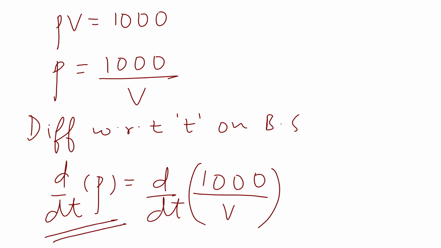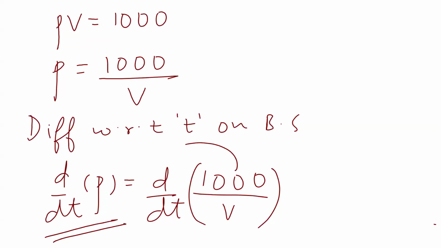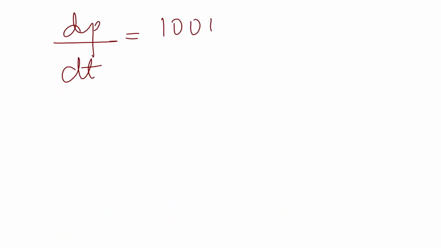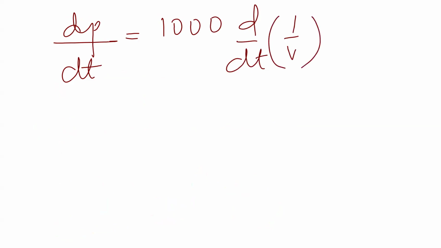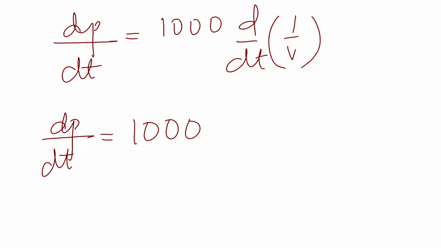So d by dt of P is nothing but dP by dt. Here 1000, being a constant, goes outside: 1000 into d by dt of 1 upon V. I'll compare this with the 1 upon x formula.